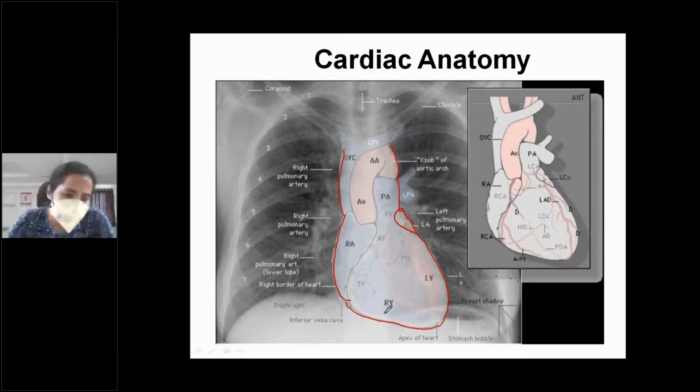Now, a small thing that we tend to miss is the inferior vena cava, which is opening into the right atrium here. This border of the heart inferiorly is formed by the inferior vena cava, whereas this border of the heart superiorly is formed by the superior vena cava. Okay, this is very important when it comes to a radiograph. You have to remember all these borders.